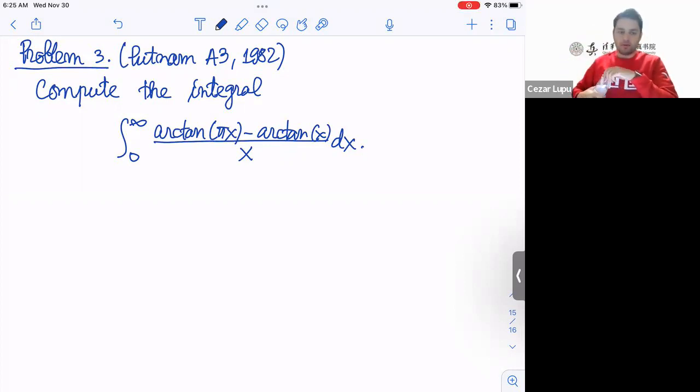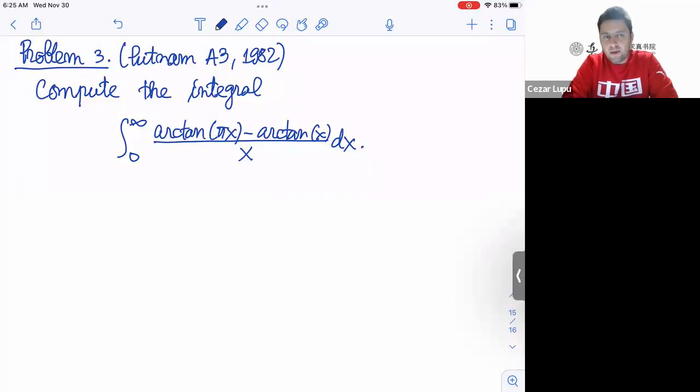There are a bunch of ways to do this problem, but I prefer to use again the Feynman trick. So in other words, I will insert a parameter inside the integral. As you can see, I have that pi over there, so maybe I should just insert any positive real.